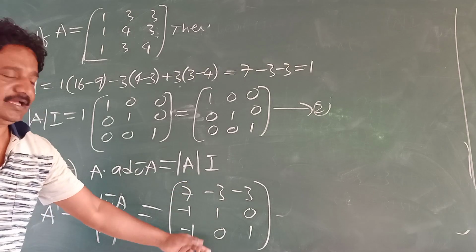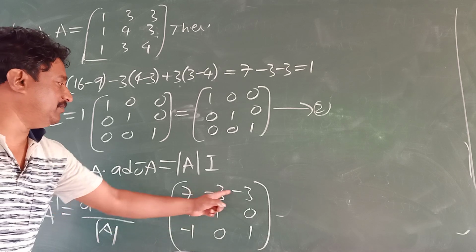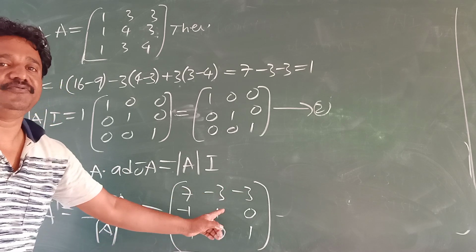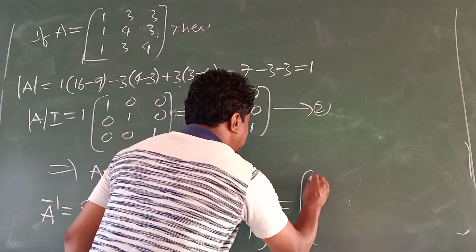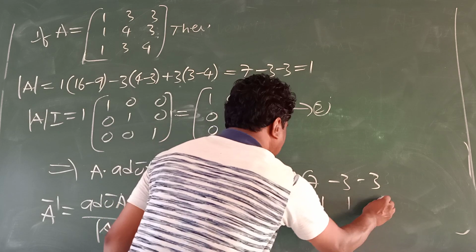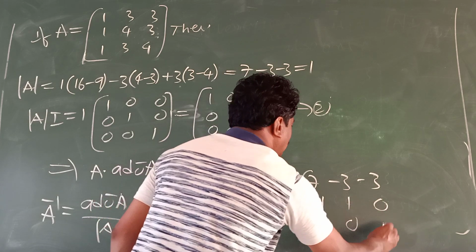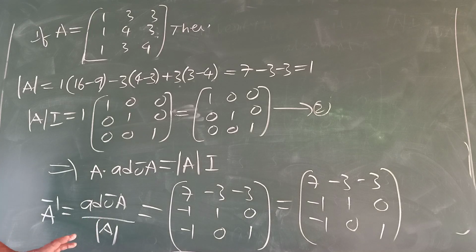Dividing by 1 means you divide every element by 1, and we get the same thing. So A inverse is 7 minus 3 minus 1, 1 0 minus 1, 0 1. We found A inverse. I hope you understood, students.